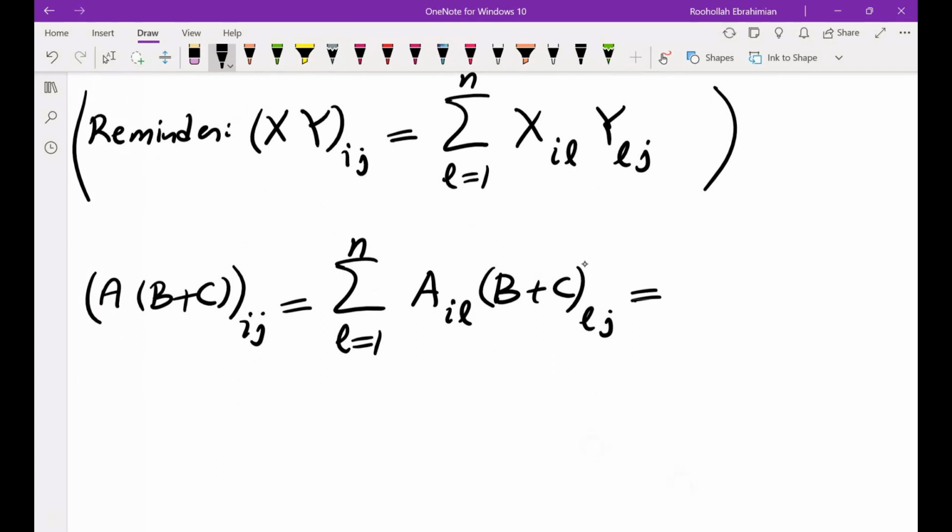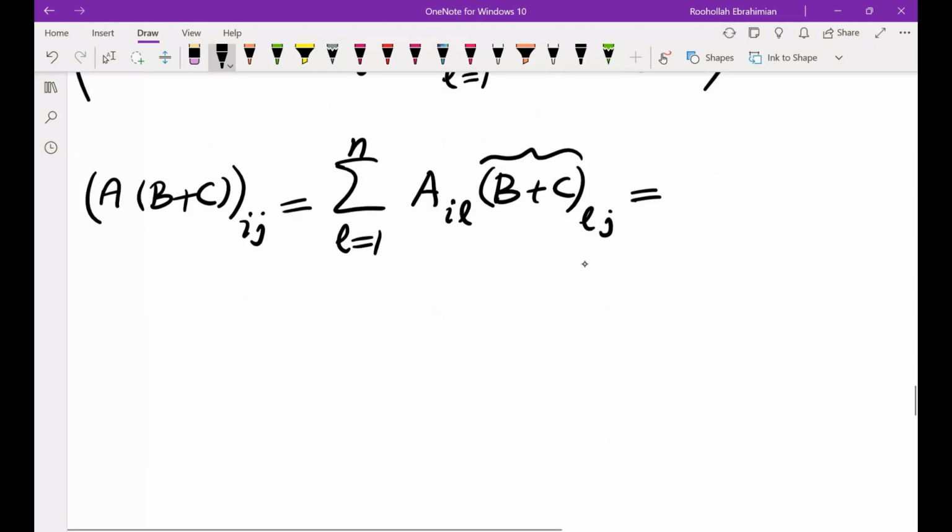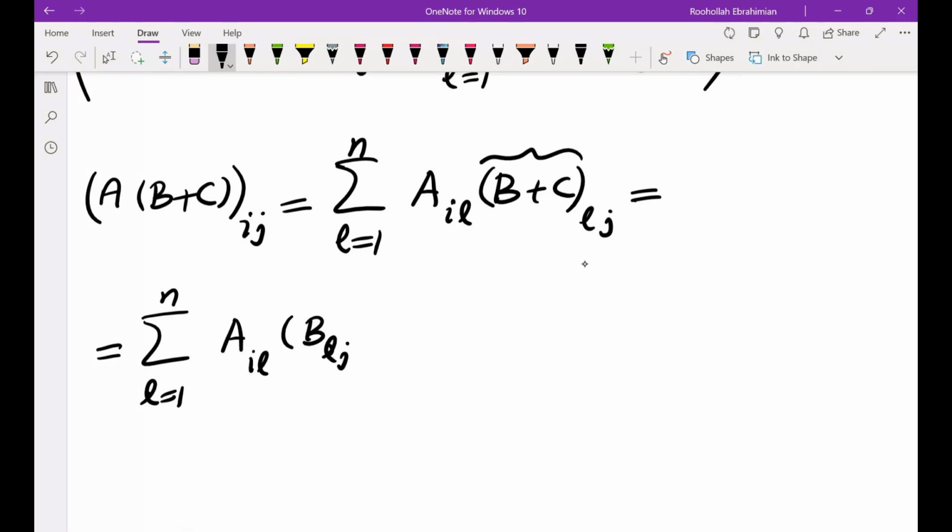Now, sum of matrices is entry wise, which means this is equal to the sum l equals 1 to n of A_il times (B_lj plus C_lj). Now we're going to use the distributive law for just real numbers.